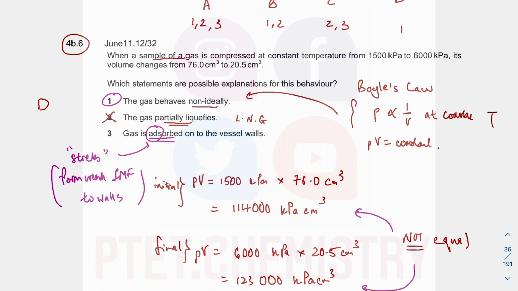Alright, but we are looking for the idea of pressure, the idea of volume, applying pressure. So this has got nothing to do with explaining why the volume decreases as the pressure increases. That might be correct, that might be what happens in reality, but it doesn't explain how the volume changes when the pressure increases.